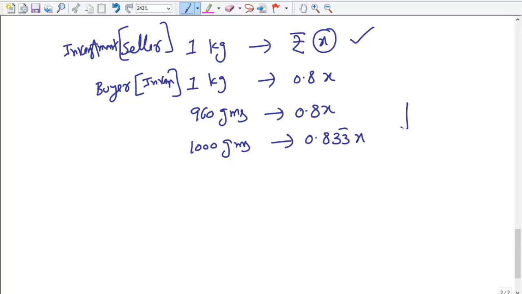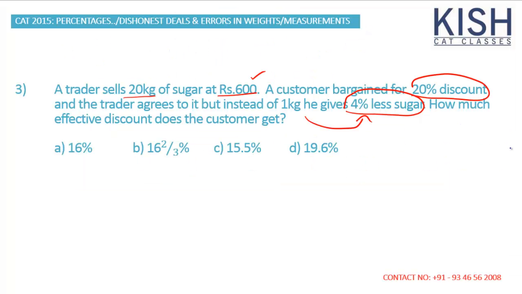Obviously it is 16 2 by 3% discount. It's not 20%. So we need not consider the actual value of per kg sugar. It's just one additional information that people use. We don't have to use it.